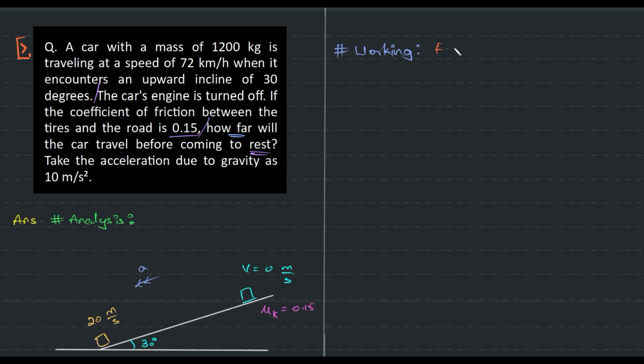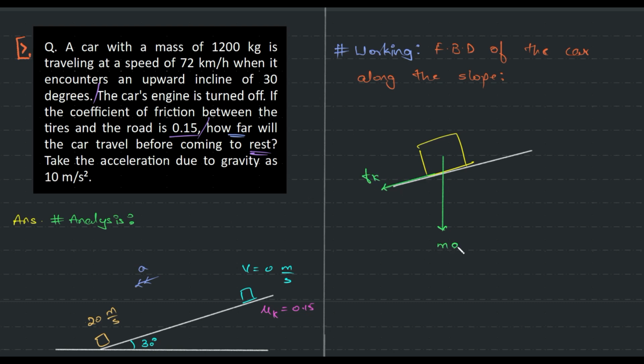So let's figure out the free body diagram of the car along the slope. So you have the slope, you have the vehicle, you have the gravity, you have friction, kinetic friction in this case, Fk, then you have mg.